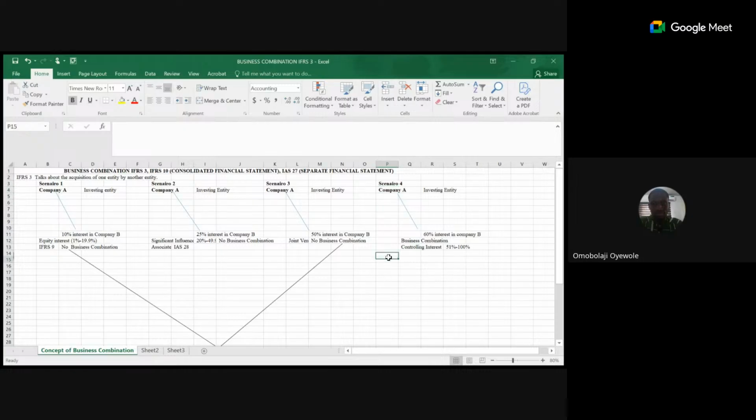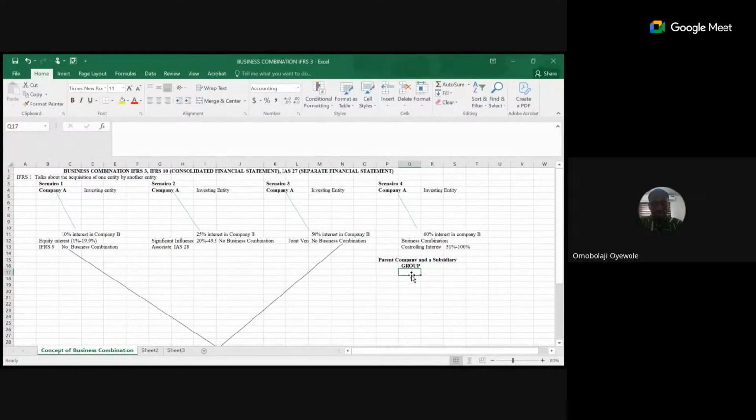And a business combination will bring about what we call a parent company and a subsidiary. Business combination will always bring about a parent company and a subsidiary, which we call as one. We call them as a what? Group. So a controlling interest is only the interest that brings about a group.